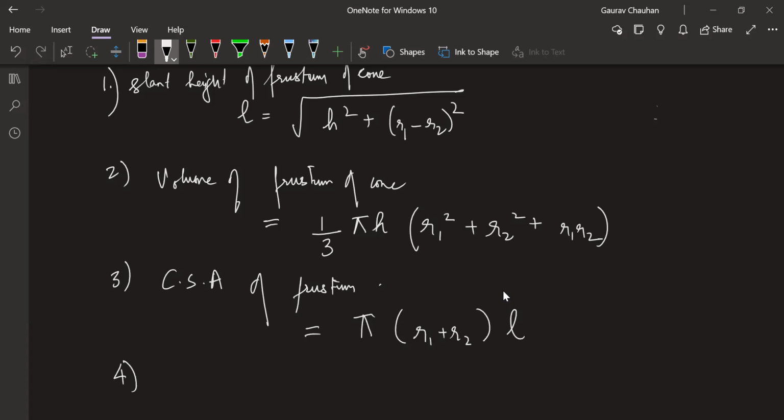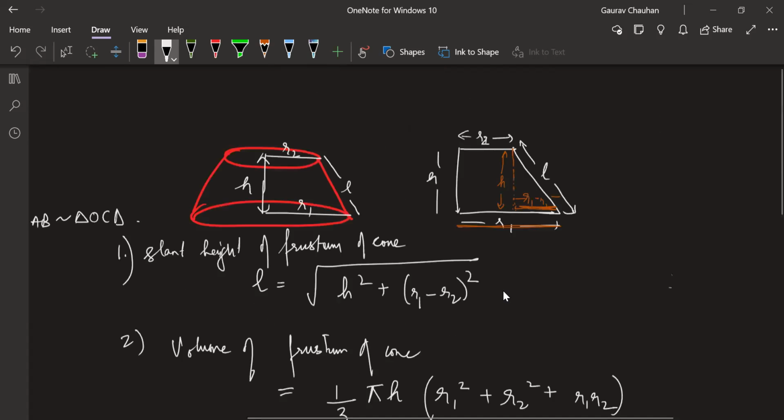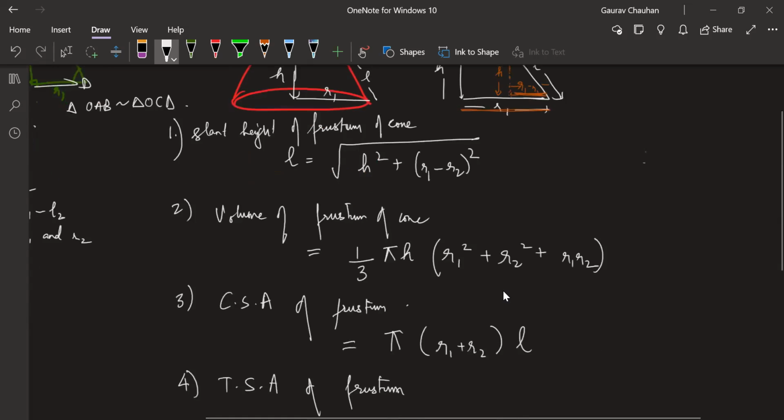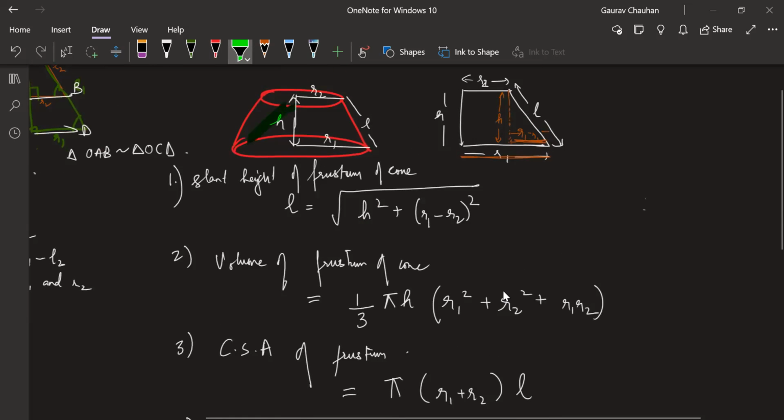Fourth thing is the total surface area. Last thing. What will total surface area be? You know this part is pi r l, this part is pi (R1 plus R2) into l. What is remaining? The top circle and the bottom circle. So how much will I add? Both the r are not equal.